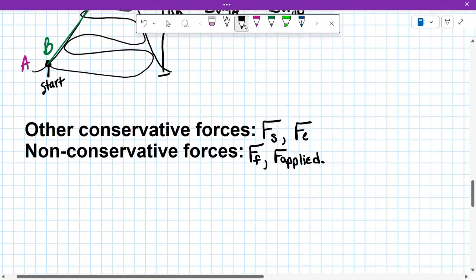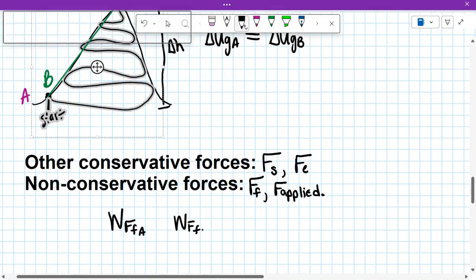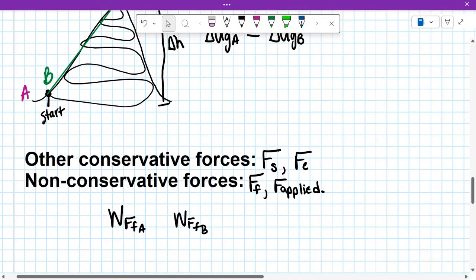Now, if I was to consider the work done by friction on my first day and the work done against friction on my second day. Let's say the second day, instead of taking the chairlift, I just hike straight up the mountain, right? Now if I think about A, my path is very, very long. So I'm experiencing friction over a very large distance, especially compared to the other day.